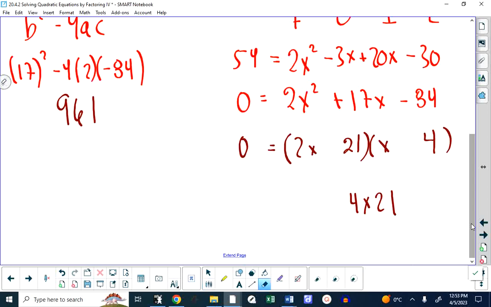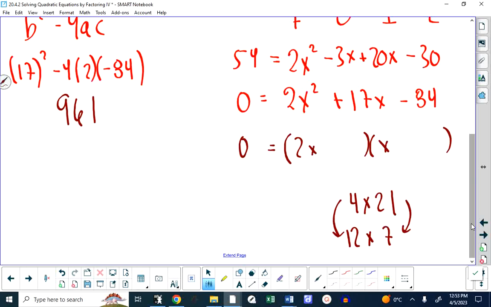Okay. A little tip for you. If you know that 4 and 21 multiply to give 84, and they do, don't they? Then you also know that 12 and 7 do. And the reason why that's the case is if I divide this 21 by 3 and multiply the 4 by 3, I still have all of the same numbers being multiplied together.